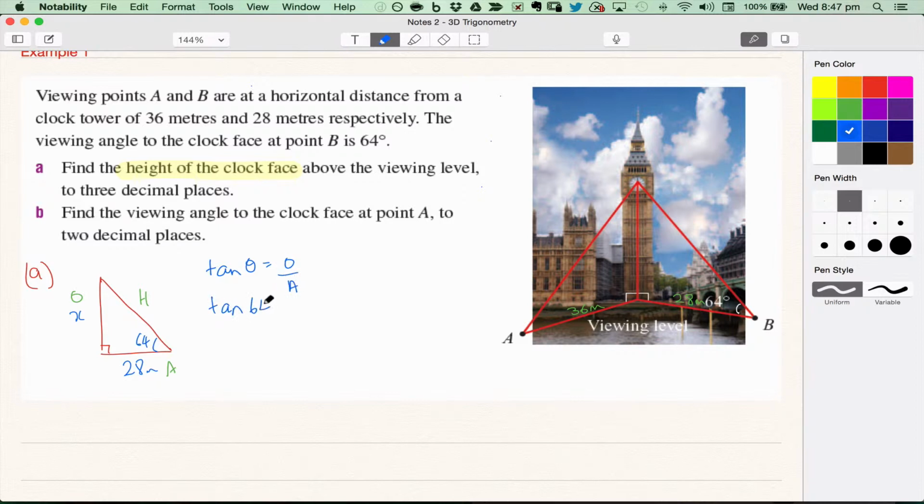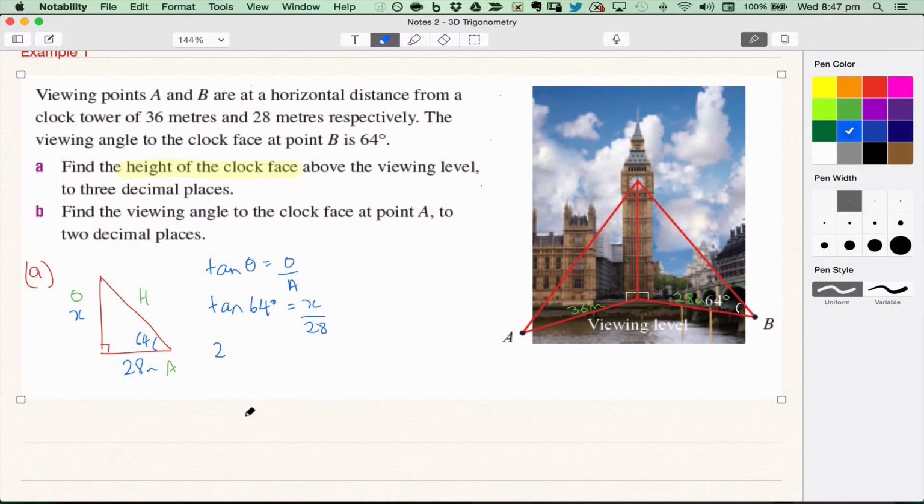Substitute the values in. Opposite x over adjacent 28. Tan 64 equals x over 28, so x equals 28 times tan 64. Put that in the calculator.